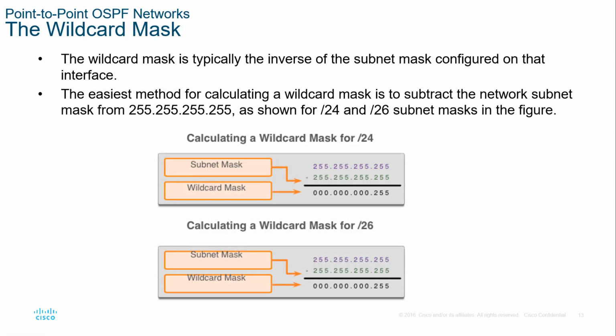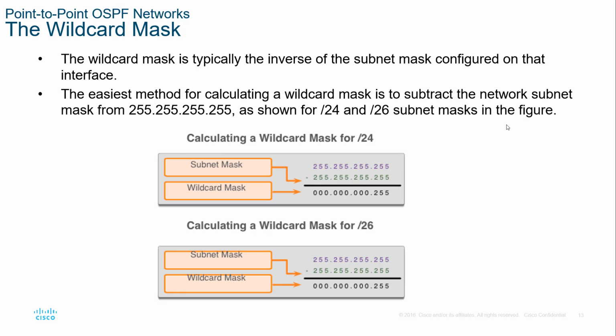So again, the subnet mask is going to be, let's say, a /24, so 255.255.255.0. The wildcard mask is the inverse of the subnet mask. So /24, 255.255.255.0, the inverse would be 0.0.0.255.